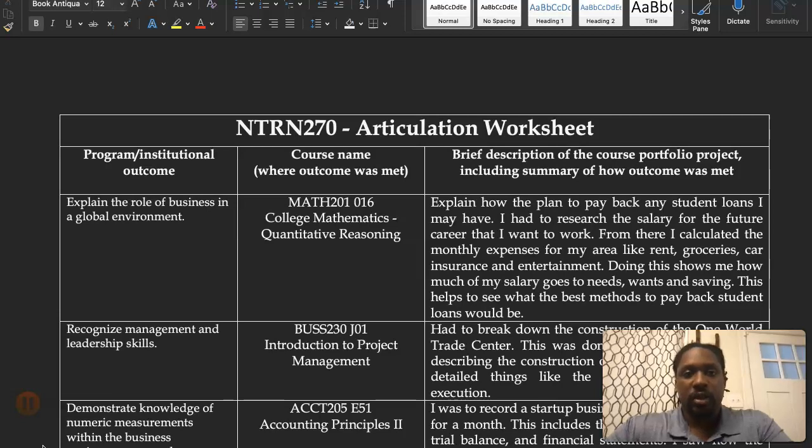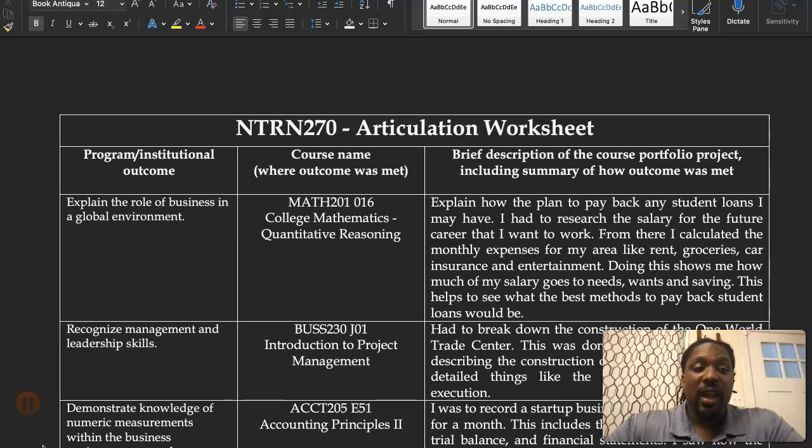So, first, the first program outcome we had was to explain the roles of the business in a government in a global environment.